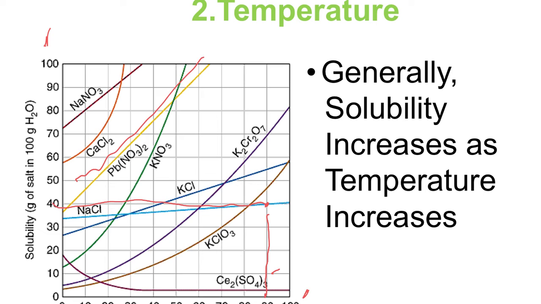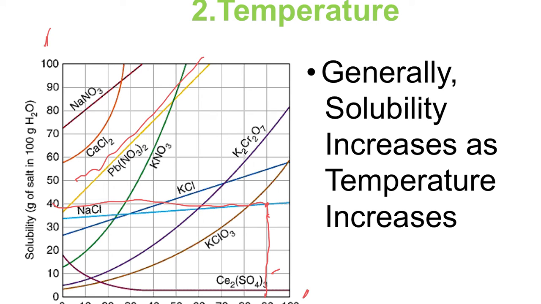All you gotta do is pick out your point on the graph where the two things intersect, and that is your solubility point for that particular substance. So each substance has a specific amount it can dissolve in a solution at a given temperature. This chart will be on the A-level test actually, so take a real close look at it.